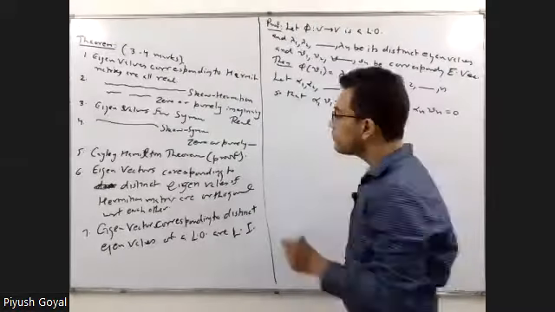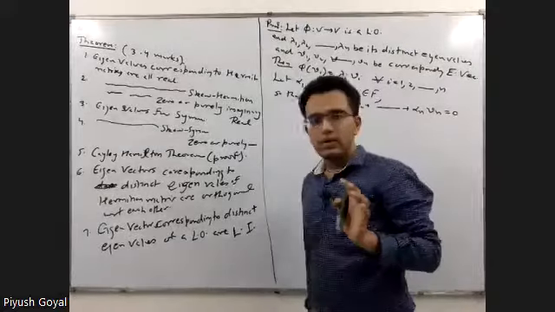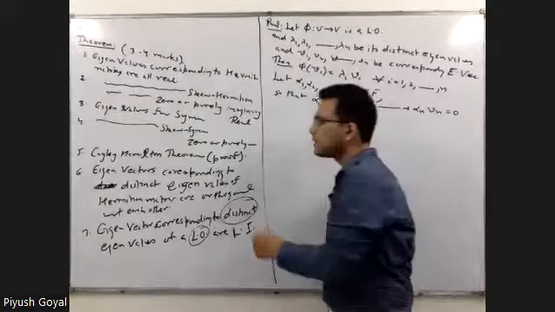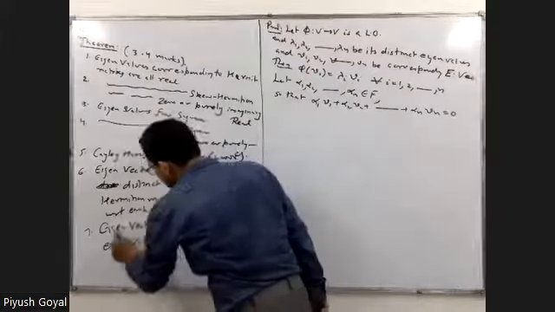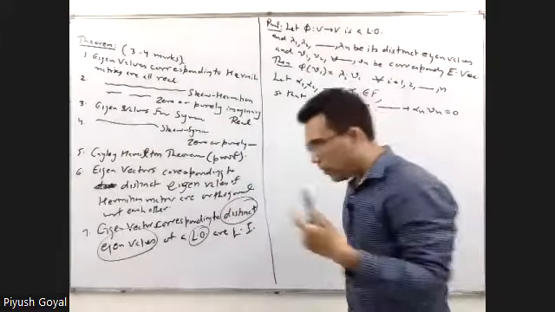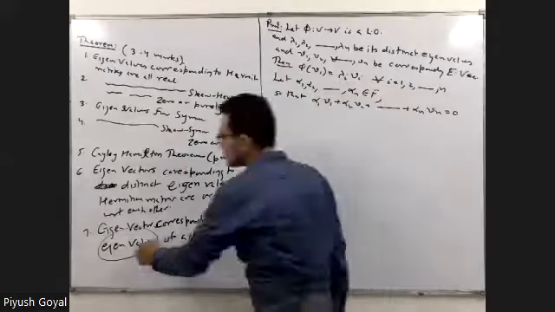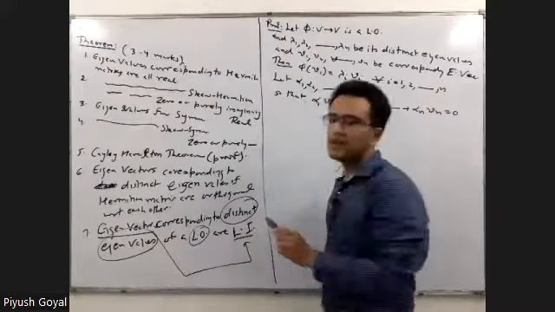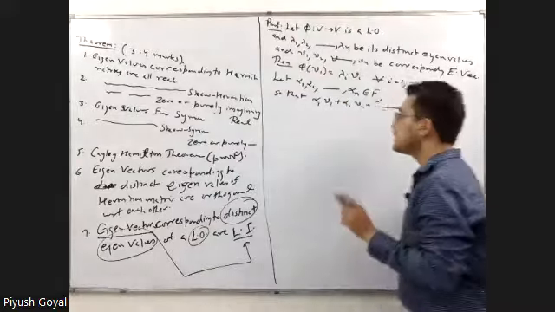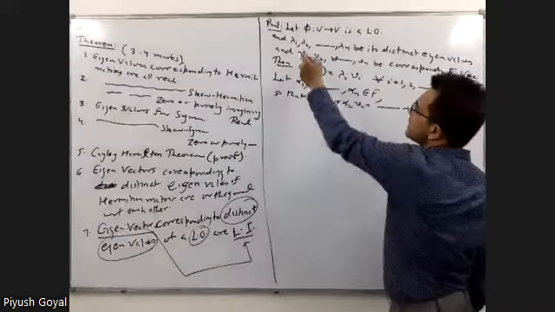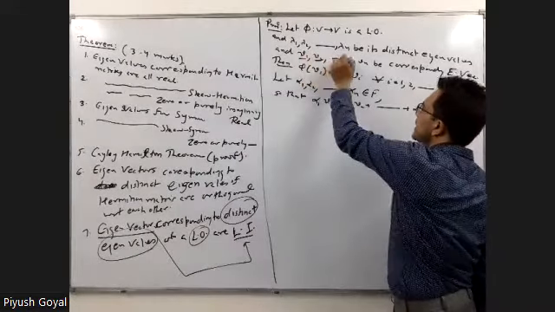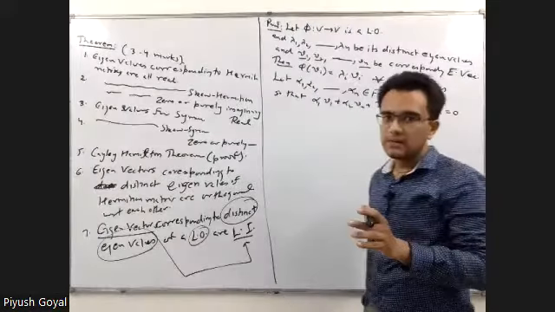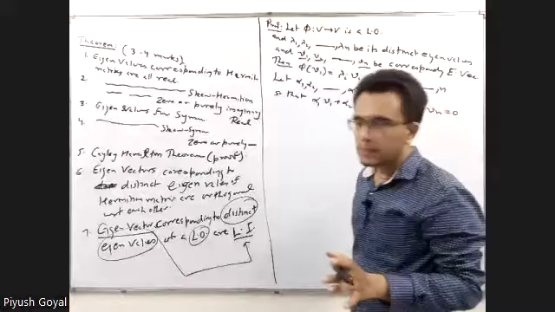What we want to prove? We will be having a linear operator with distinct eigenvalues. All eigenvalues will be having their corresponding eigenvectors, and these eigenvectors should be linearly independent. This thing we want to prove. Now I have these vectors v1, v2 up to vn, belonging to distinct eigenvalues, and I want to prove that these are linearly independent.